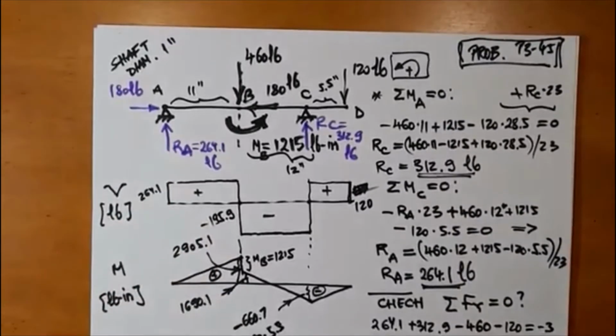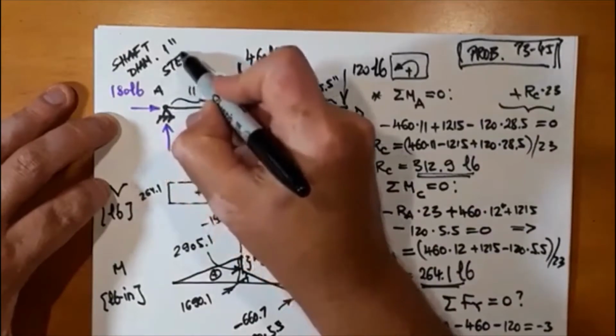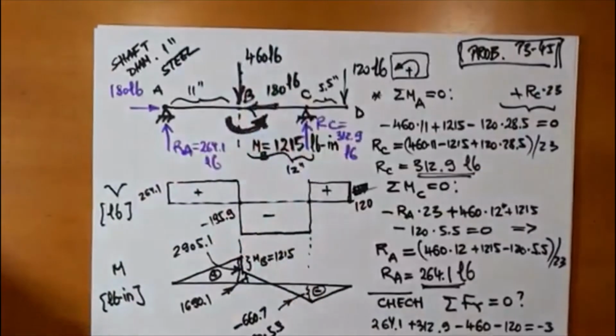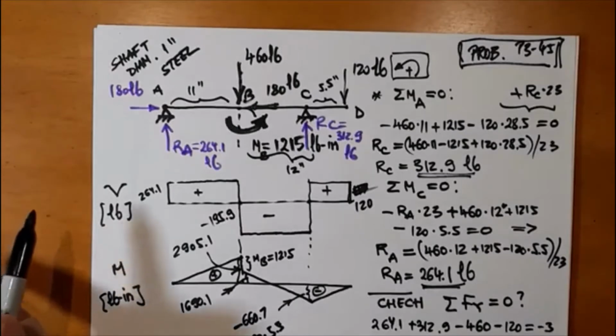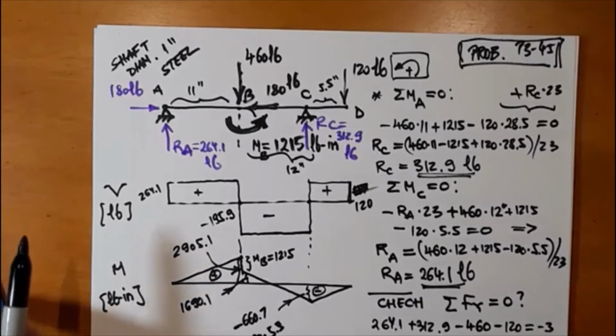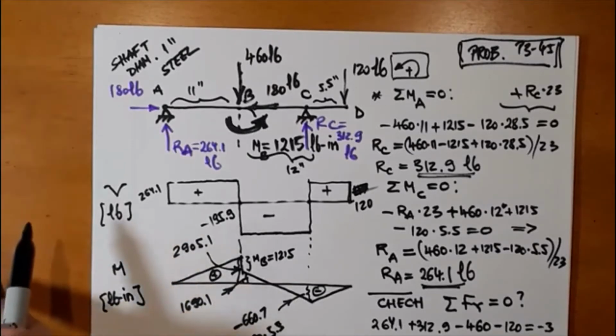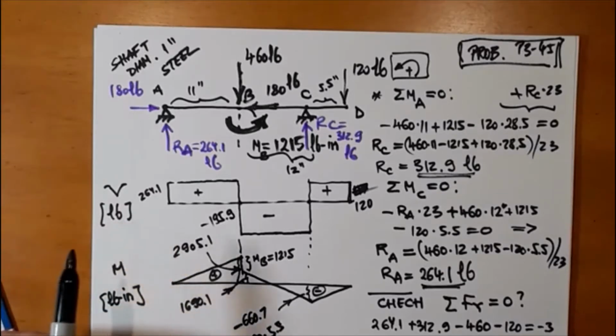All right, so I assume shaft diameter to be 1 inch and to be steel, carbon steel. So carbon steel, if you go to the back of the book, we have material properties. I'm on page 787.